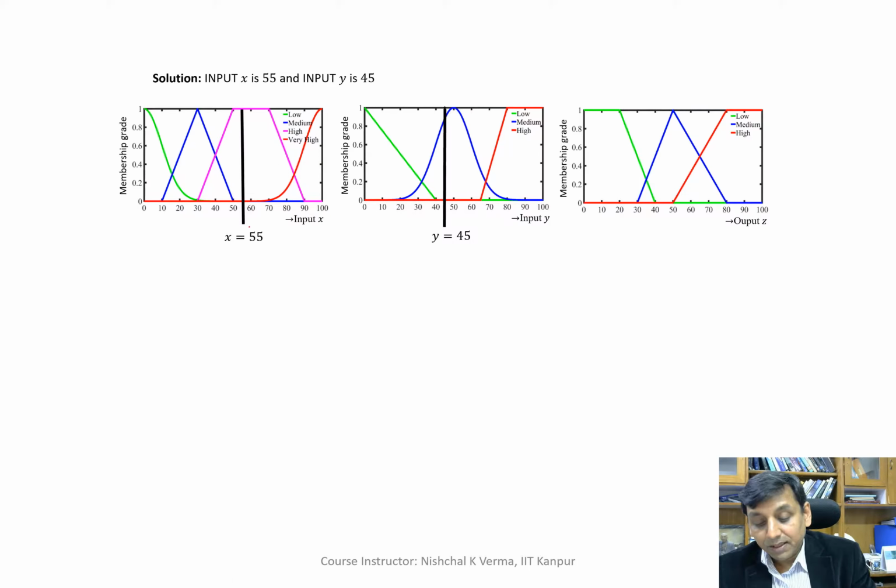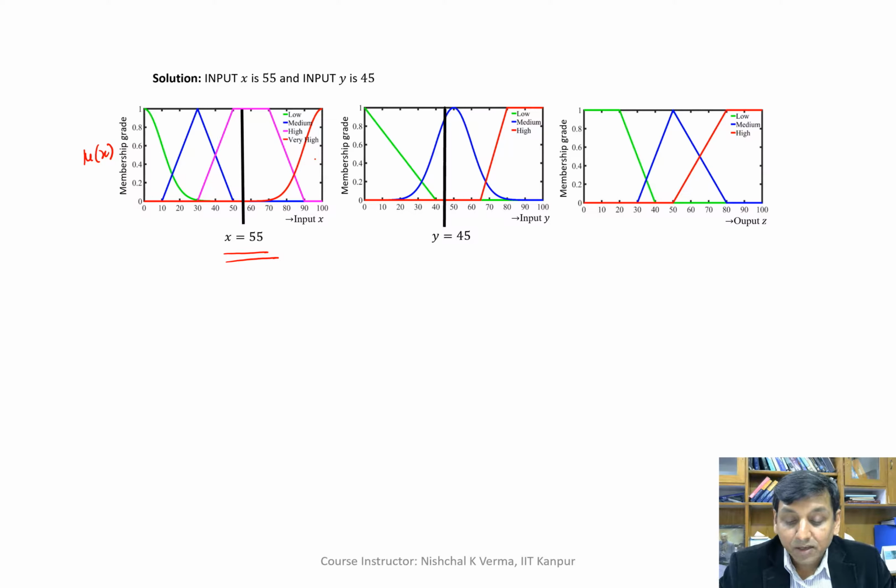When we see X is equal to 55, it is falling under the region of high, and no other region is visible to be relevant.